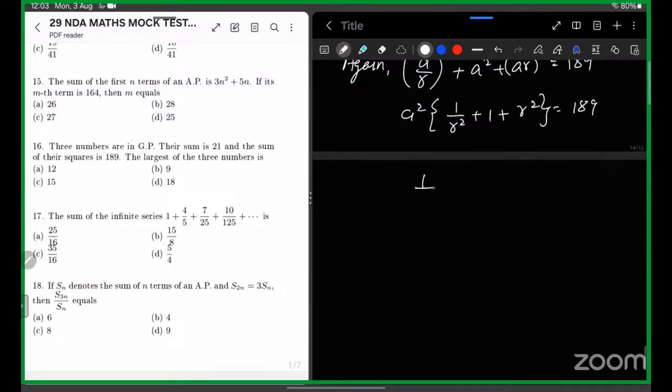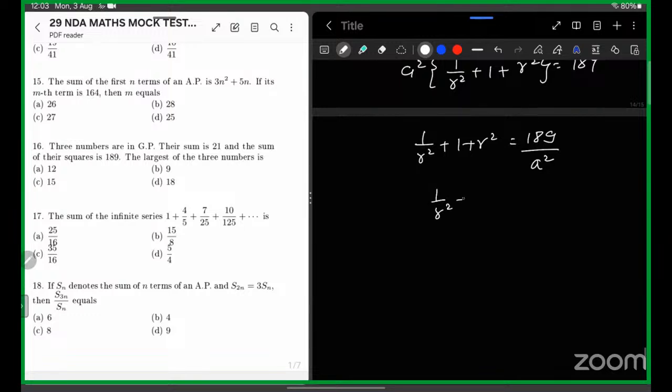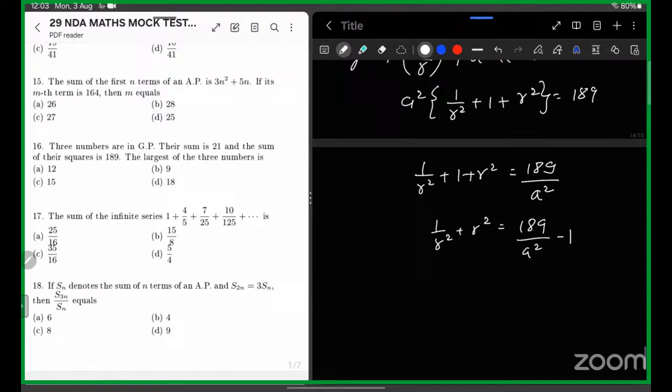I can write it again in this form: 1 by r square plus 1 plus r square equal to 189 upon a square. Then 1 by r square plus r square equal to 189 upon a square minus 1. Okay, this is our second equation.